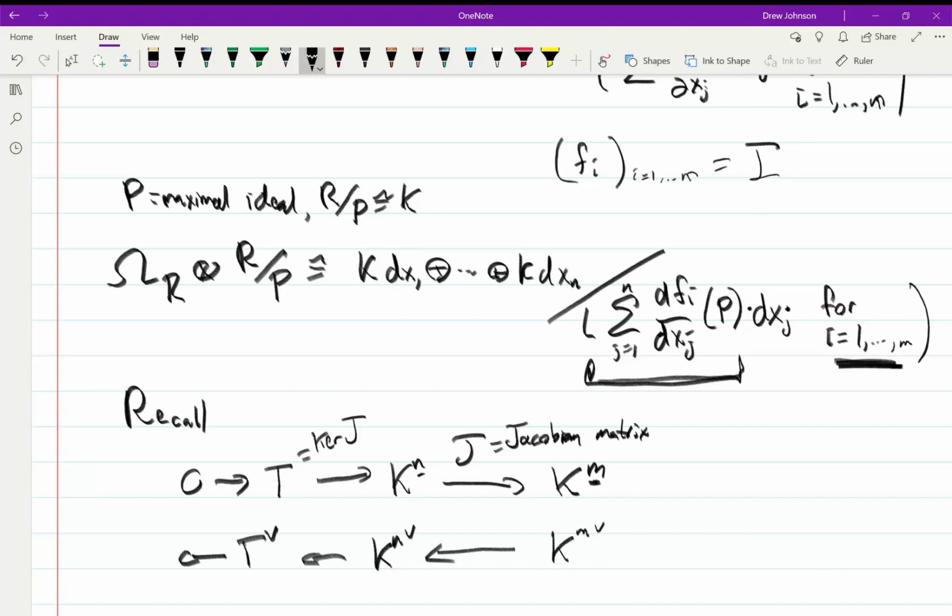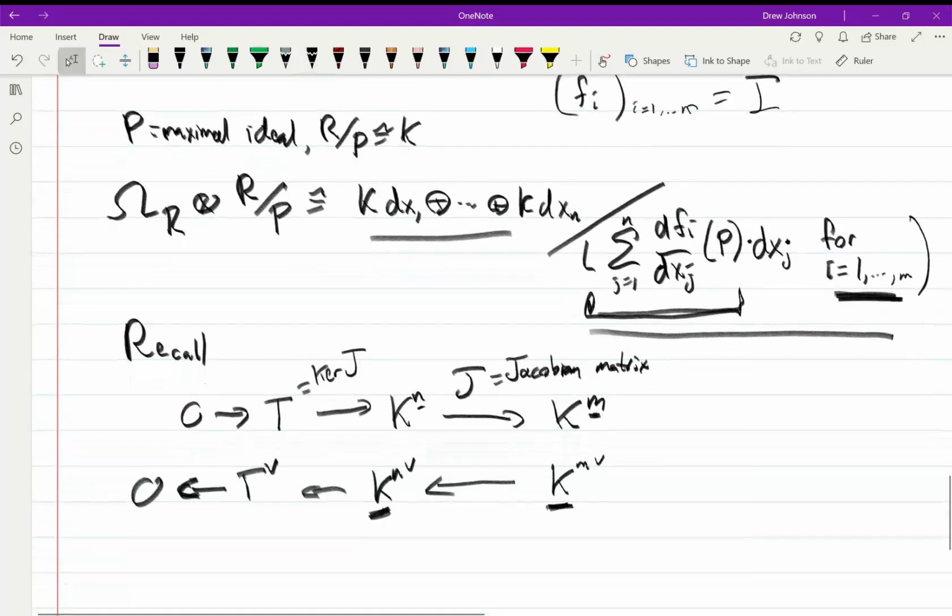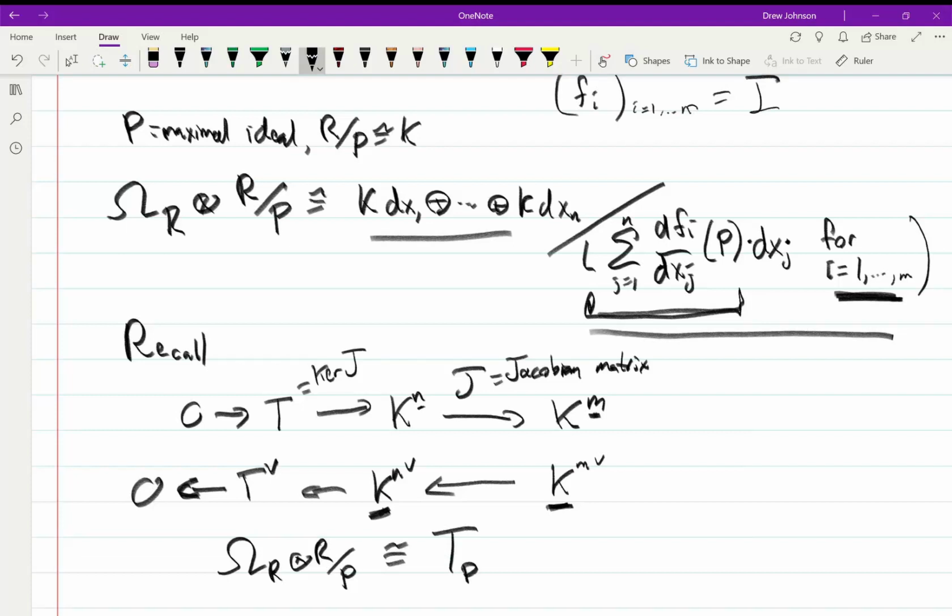We'll have a surjective map where we have an n-dimensional vector space and we're taking a quotient by m generators. So that's exactly what we have. We have n things here and we're quotienting out by m things here, and so we get exactly that the fiber of this sheaf of differentials is isomorphic to the tangent space at P. Sorry, the dual of the tangent space.